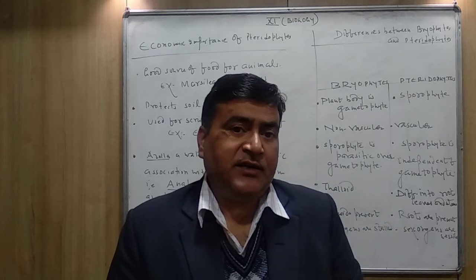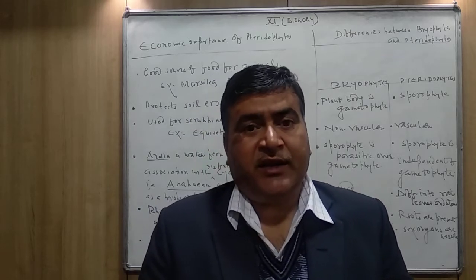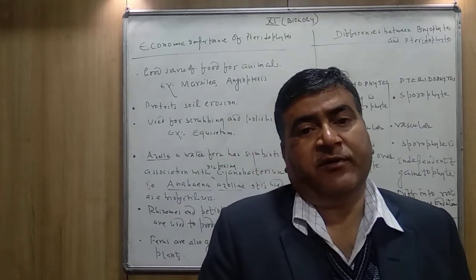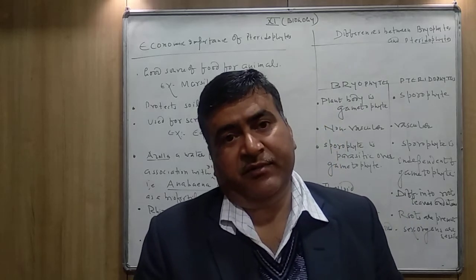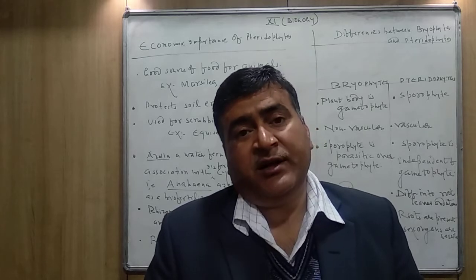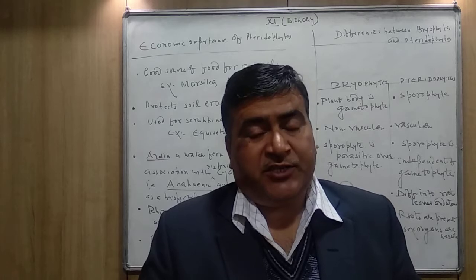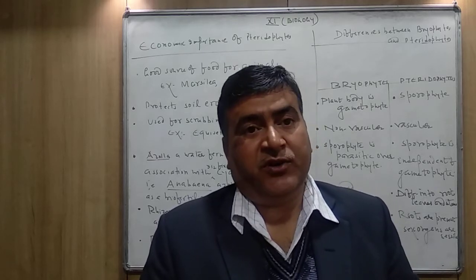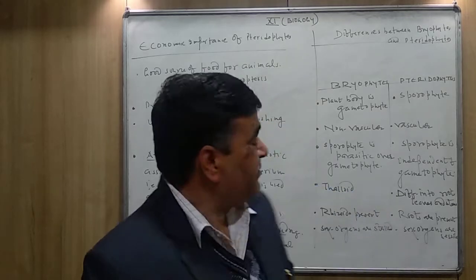Because Azolla is symbiotically associated with Anabaena, a cyanobacterium, which as you know has the tendency to fix atmospheric nitrogen, and therefore the nitrogen content is high in Azolla, and that's why Azolla is used as a biofertilizer in the paddy field.